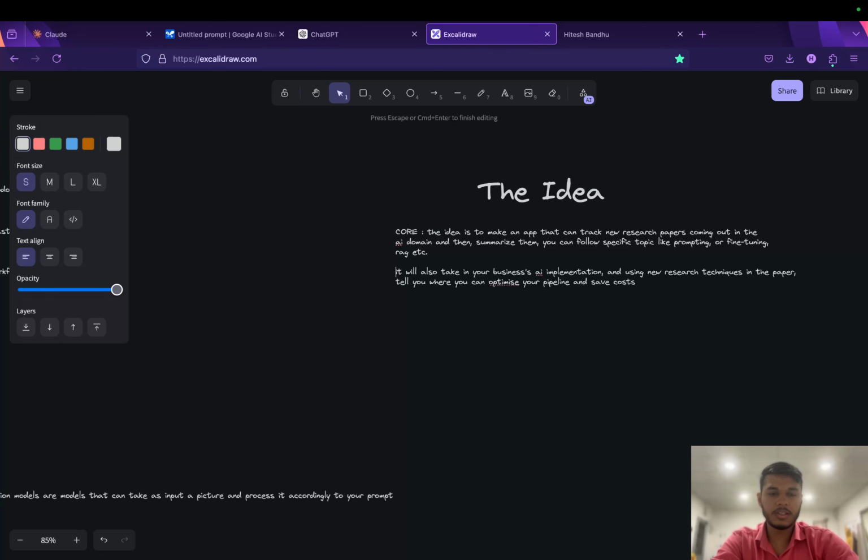So these are the optional things. Maybe I can do this. Or the second idea: make it a learning app where you can learn concepts of research papers based on your skill level.